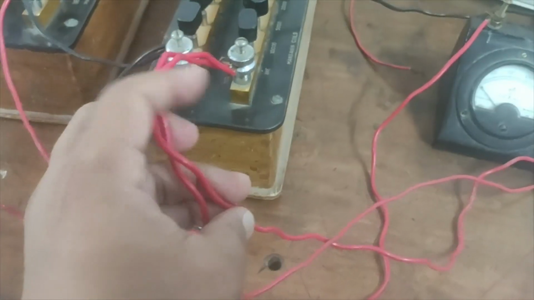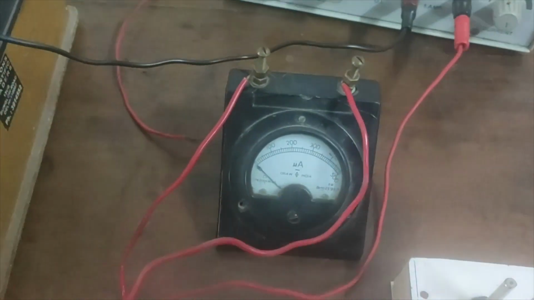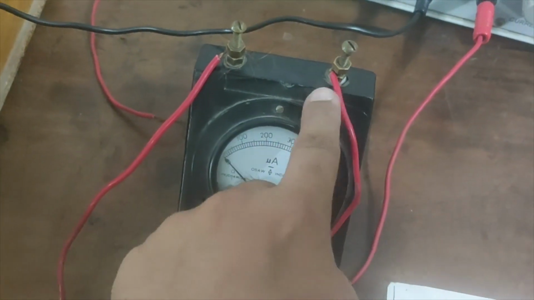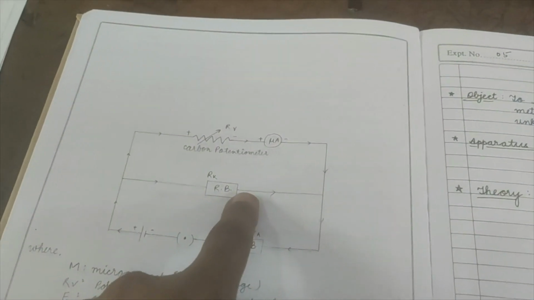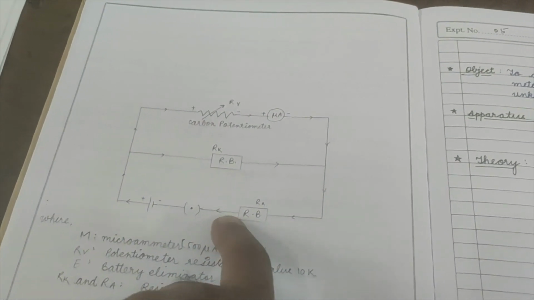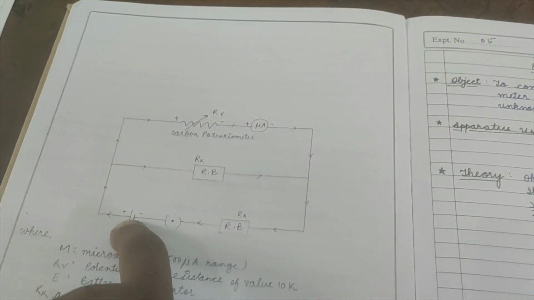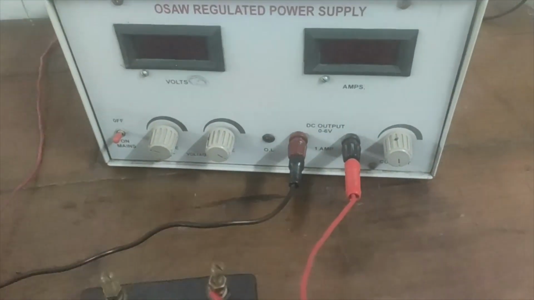The other resistance box is then connected to the negative of the battery eliminator.